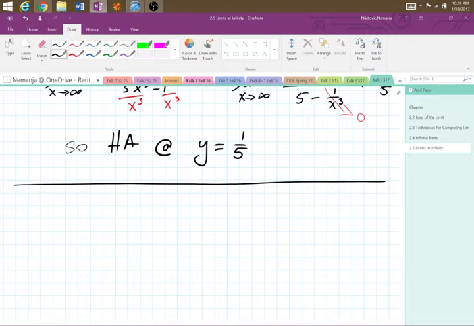Should we do more problems? We do one more. Sure. What are good numbers? 7s and 9s, we didn't use those.